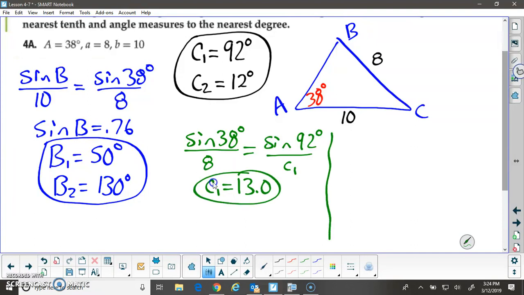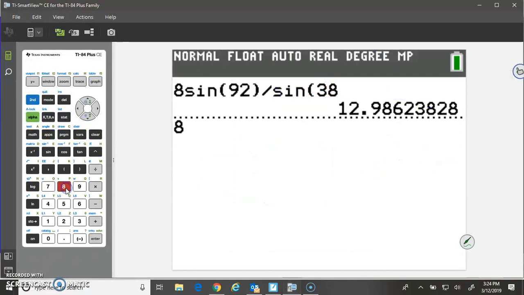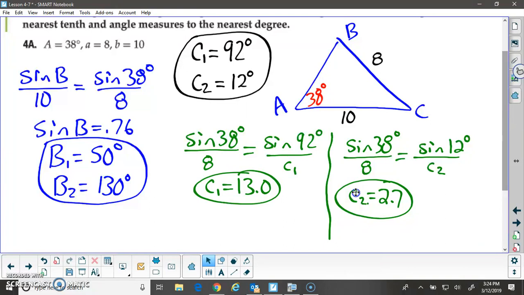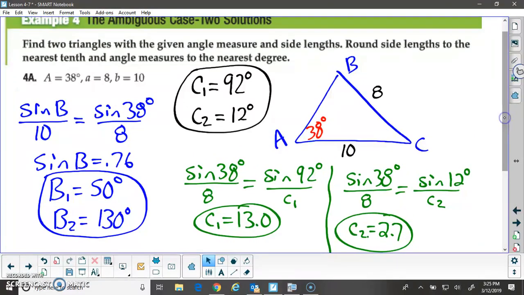And then to find length C2, we'll do the same thing, but we'll use the 12 degrees instead. And so cross multiply and divide, we take 8 times the sine of 12 degrees, divided by the sine of 38, gives us about 2.7. So there's two examples of the ambiguous case when two triangles can be formed.